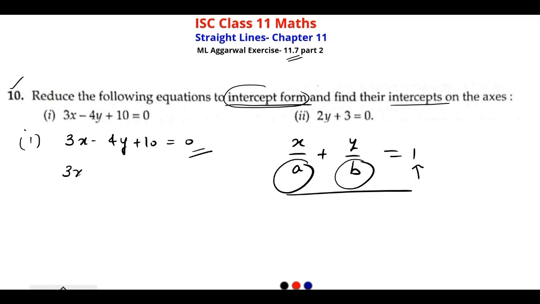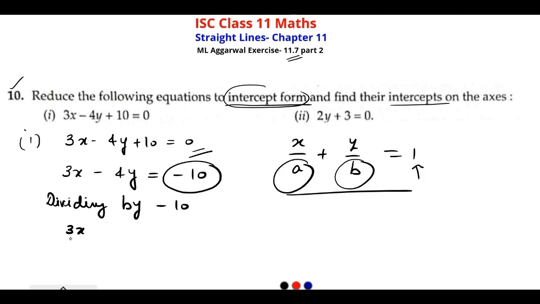So first of all, we are taking the x and y terms on the left hand side and the constant term on the right hand side. Now we want this term to be 1, so we are dividing this equation by minus 10. It will become 3x upon minus 10 minus 4y upon minus 10 is equal to 1.